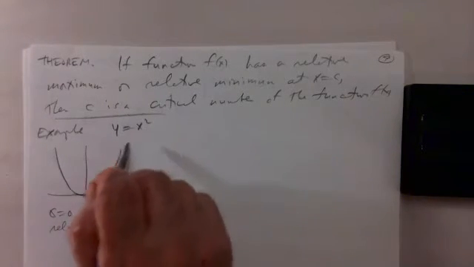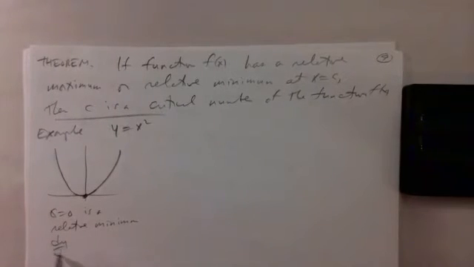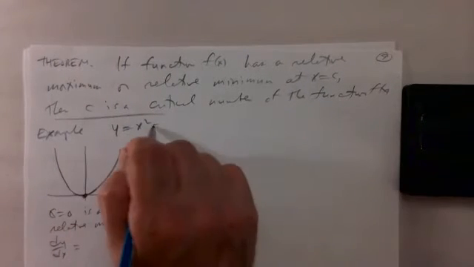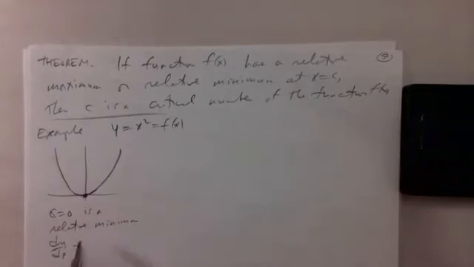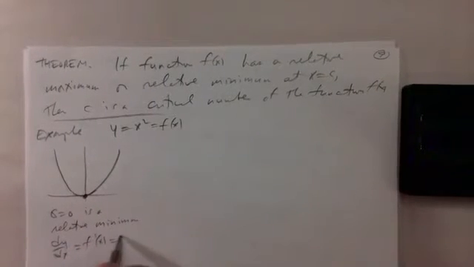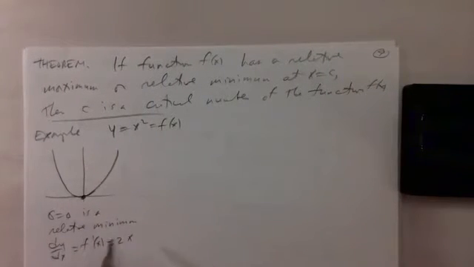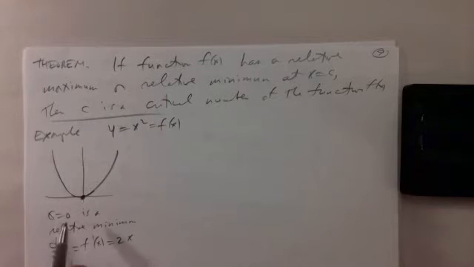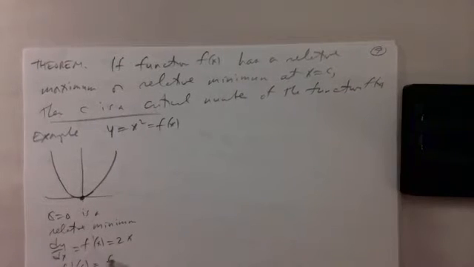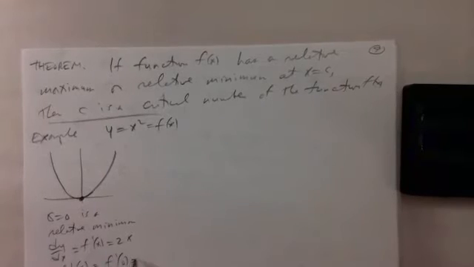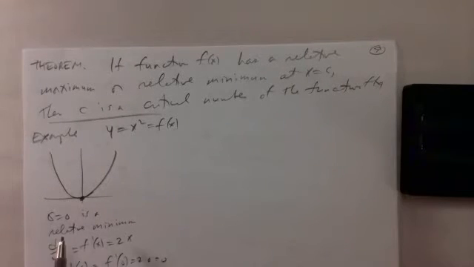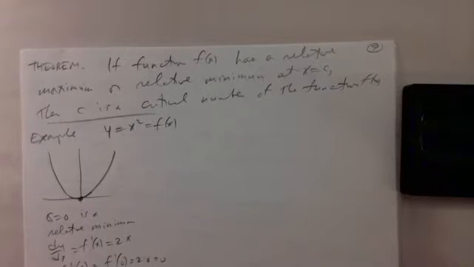What is the derivative of this function? dy dx, or f prime of x, whatever notation you prefer to use, is 2x, and f prime of c, that's f prime of 0, is 2 times 0, which is 0. So c is a relative minimum, and the derivative is 0 at this point. So c is a critical number. So 0 is a critical number.